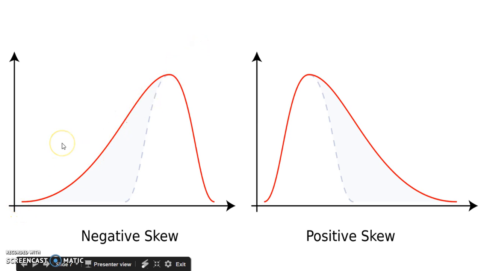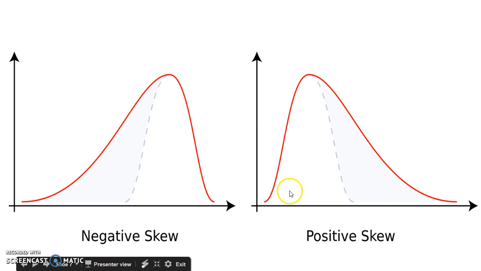So when it's negatively skewed, it means the tail is pointing off towards the negative numbers in a distribution. Again, if it's negatively skewed, it means the tail end is moving off towards negative numbers. You can also call that skewed to the left.